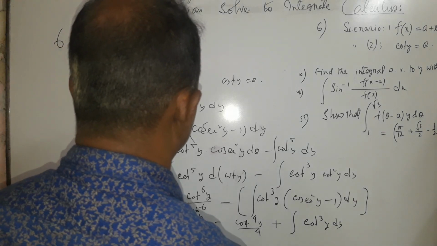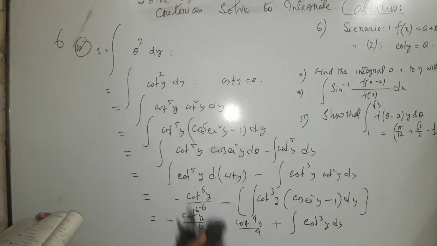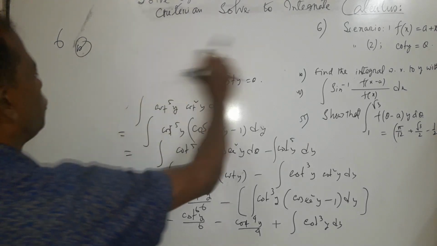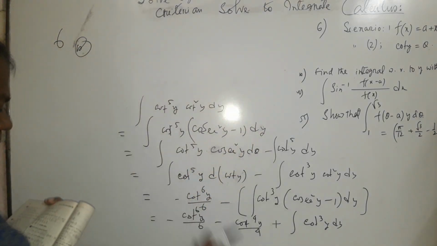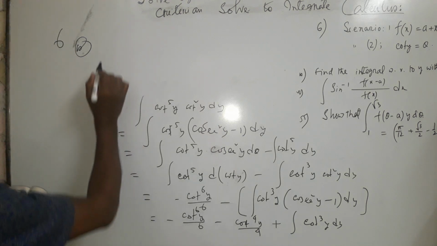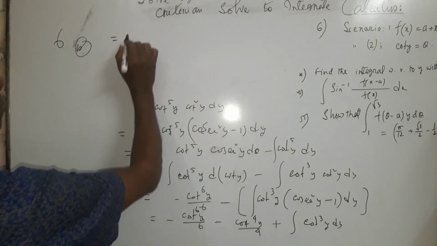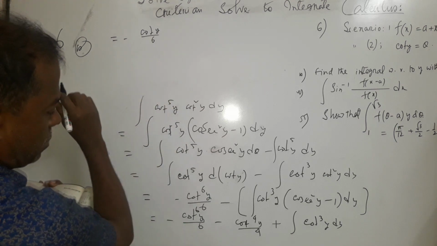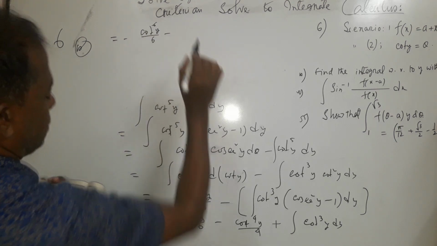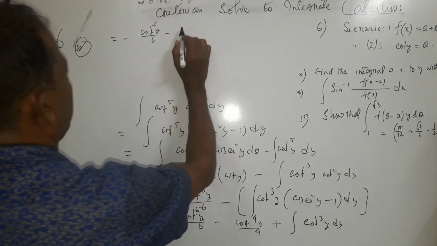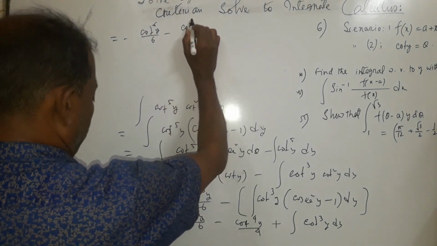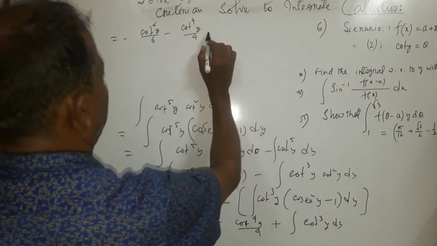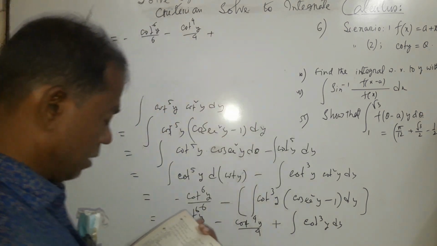It's also critical, but you have to practice deeply, then obviously you can use it easily. So minus cot 6y divided by 6, minus cot to the power 4y divided by 4 and plus cot cube theta.